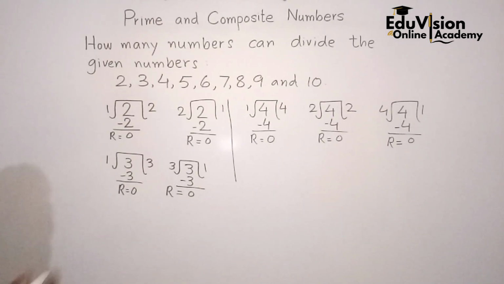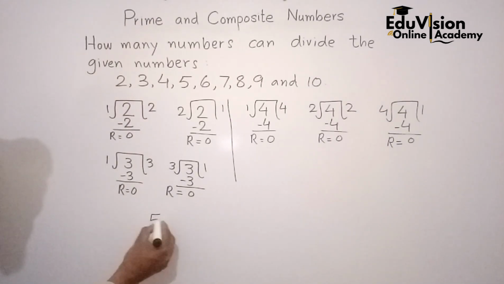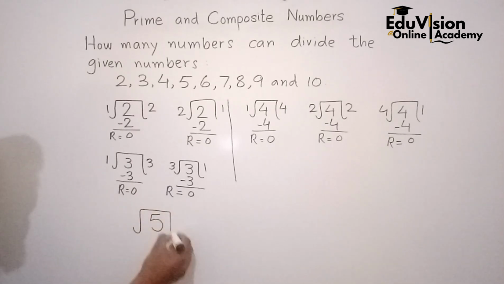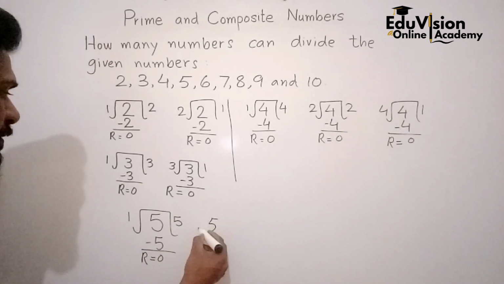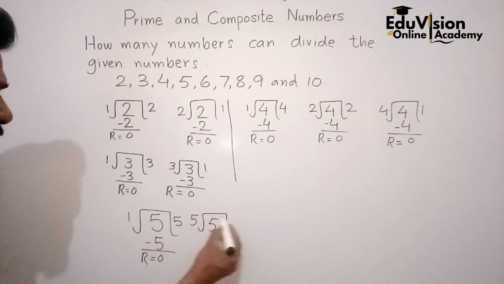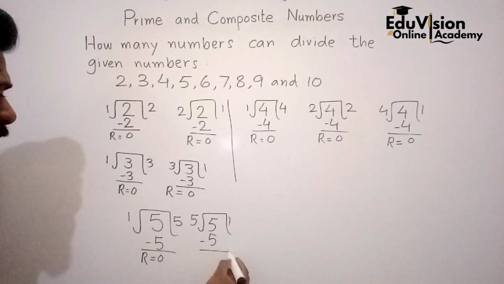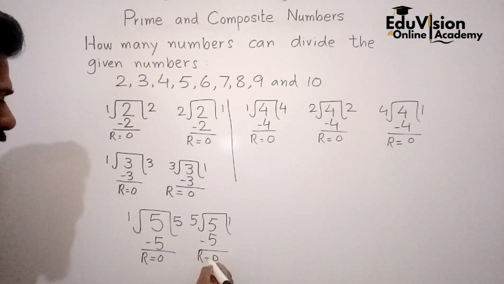Similarly, let's check out number 5. 5 is divisible by 1. 1 5s are 5. 5 minus 5 0. Remainder is equal to 0. Means 5 is completely divisible by 1. Similarly, 5 is also divisible by itself. 5 ones are 5. 5 minus 5 0. Remainder is equal to 0.